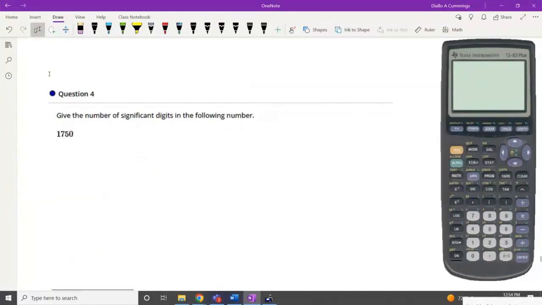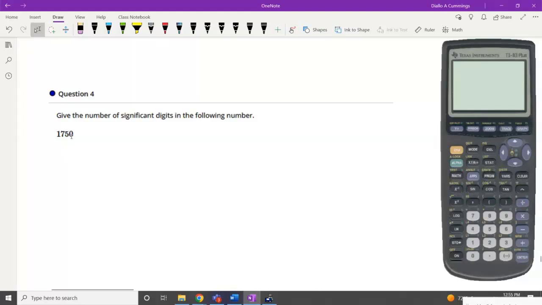All right, and then the next one, number 4, says give the number of significant digits in the following number. We have 1,750. Notice that I don't have any decimal. The decimal is understood, like 1,750.0, right? I have a zero that's not in between significant digits. So the only number of significant digits here are 3.